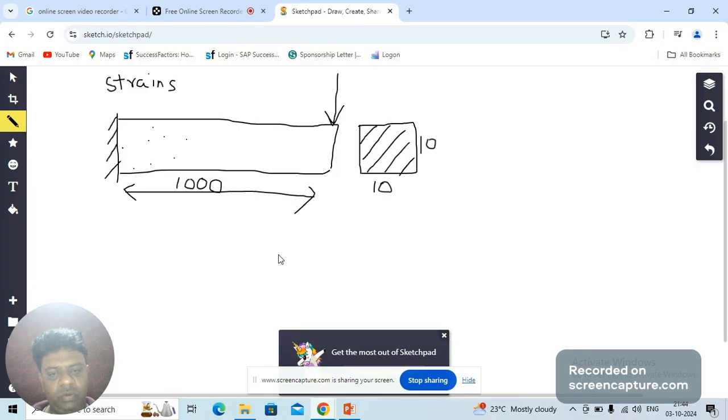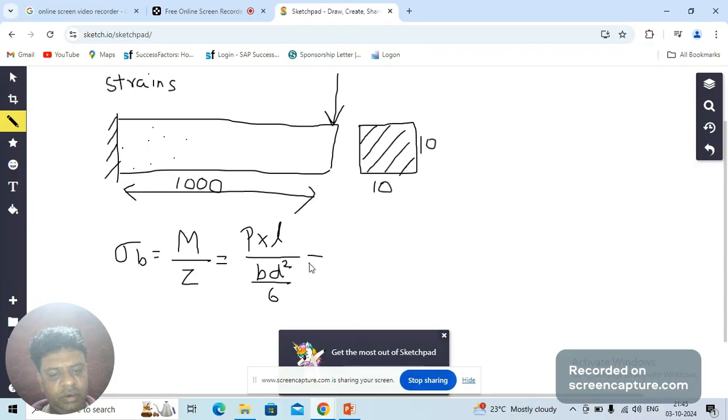Now, in the theoretical method, you take sigma b, the bending stress, equal to moment divided by section modulus Z. That is, moment is load into length or distance, divided by section modulus, which is b d square by 6.